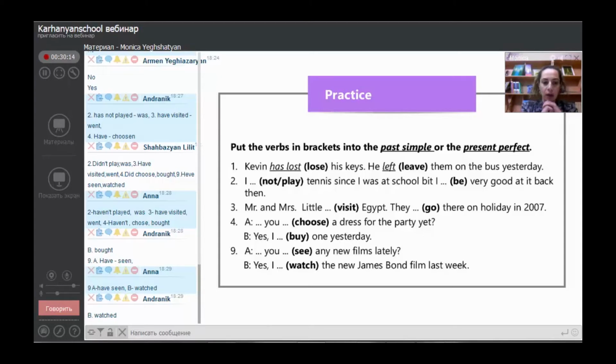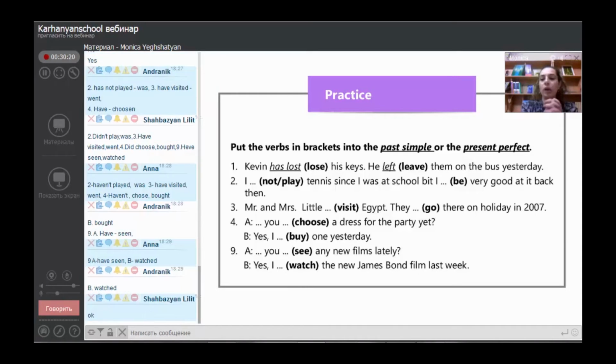The second one. It means the third one. Mr. and Mrs. have visited Egypt. We don't know when, but the second sentence tells us they went there on holiday in 2007. In the first sentence, we don't know when they went. So all of you are right.